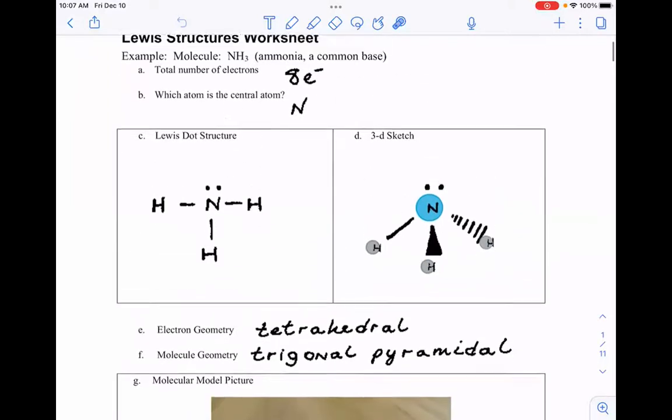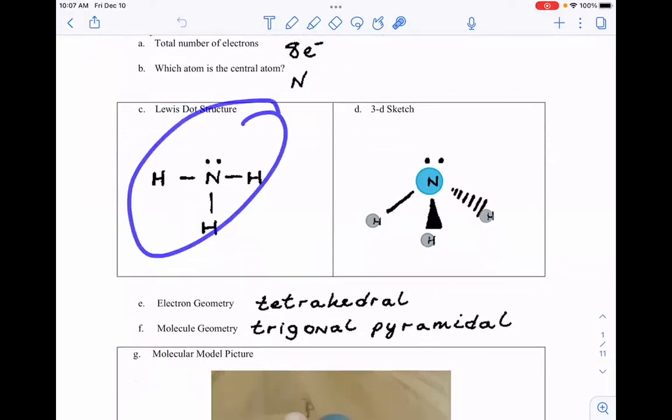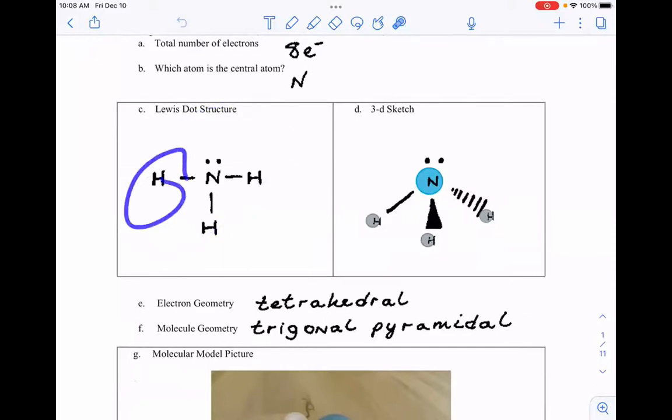And so the first page that you guys are seeing here is just an example of what we will be doing. We're going to count the total number of electrons, determine the central atom, and draw a draft, making sure that the hydrogens follow the duet rule and the central atom follows the octet rule if it's FONC.